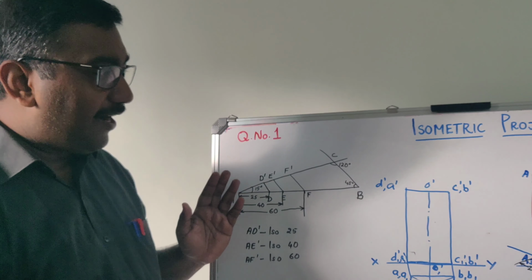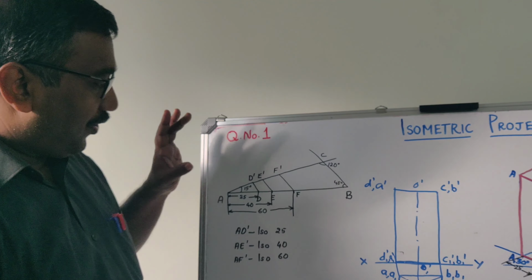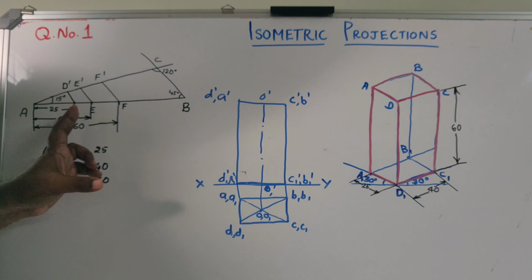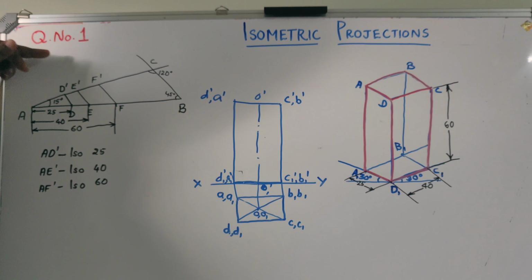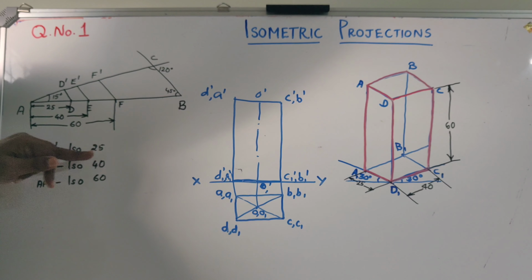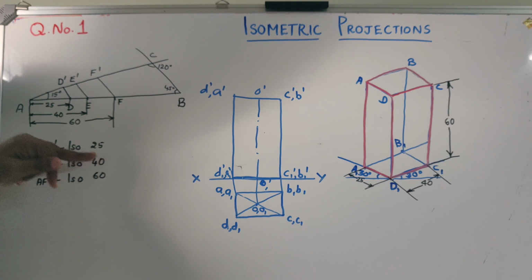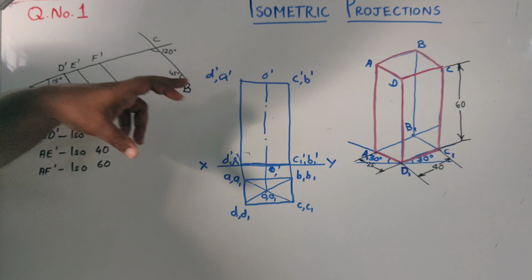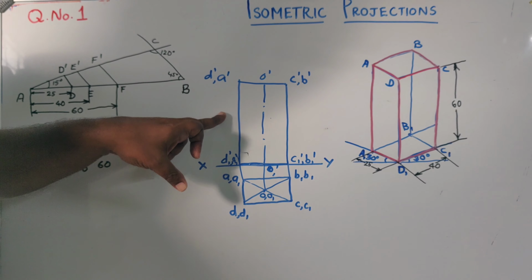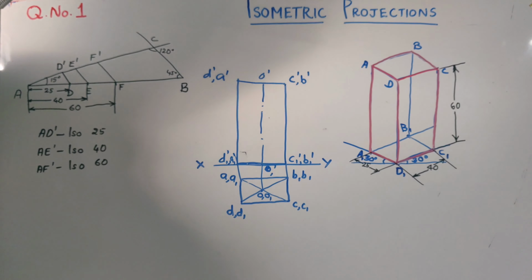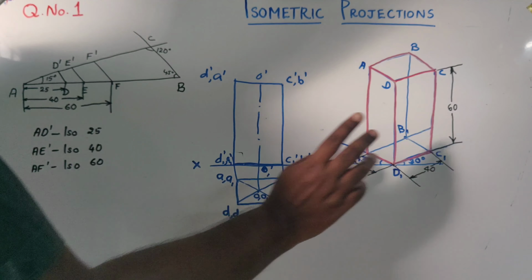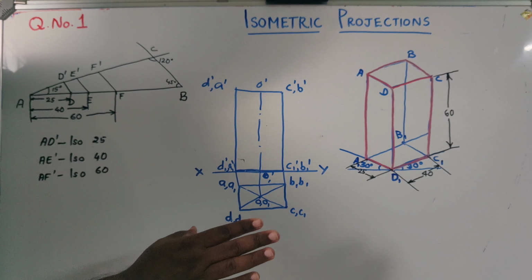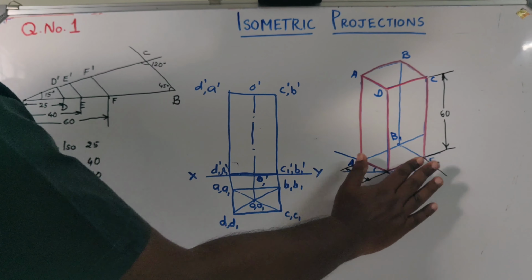What are the procedures we have followed? You started with an isometric scale. Then using the dimensions from the isometric scale, that is AD dash is the isometric length of 25, AE dash is the isometric length of 40, AF dash is the isometric length of 60, we have drawn the symbol position. After drawing this, we have drawn the isometric projection using the horizontal isometric plane.